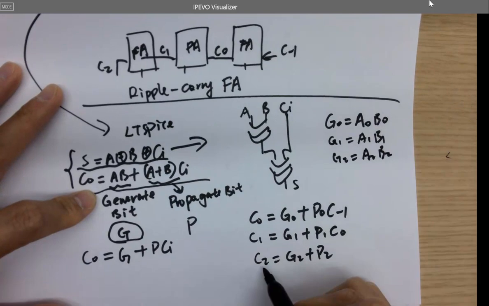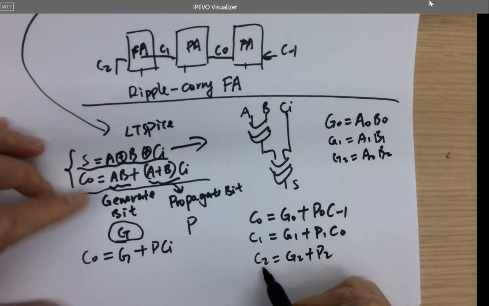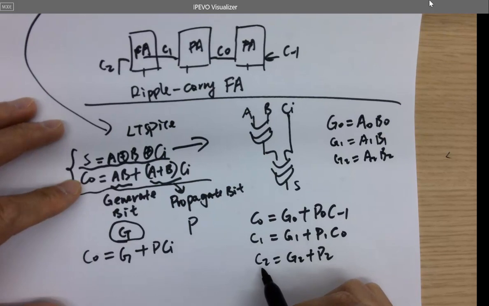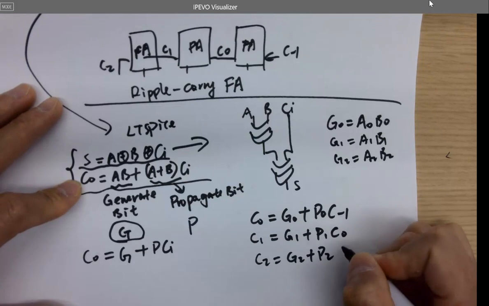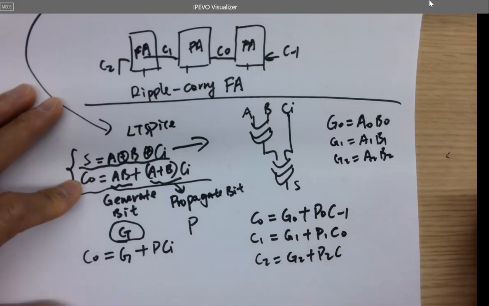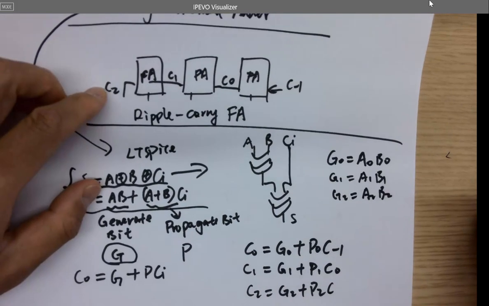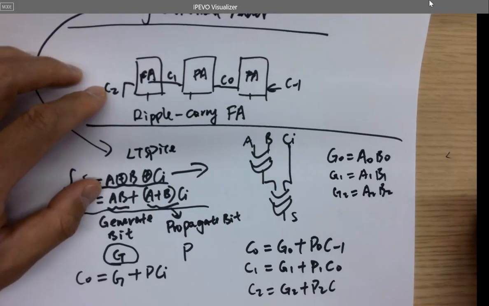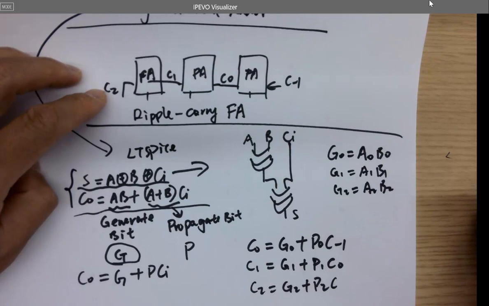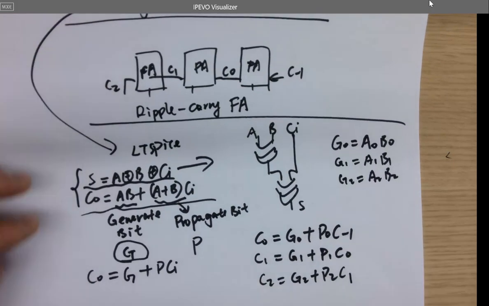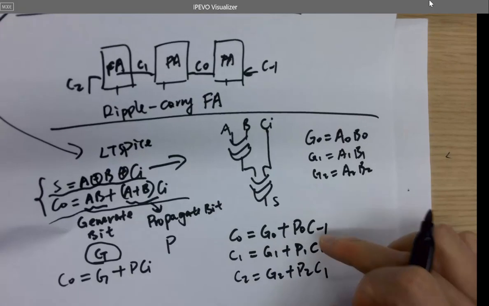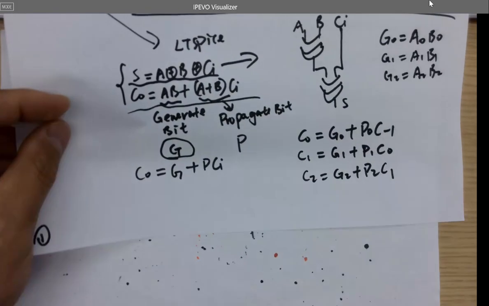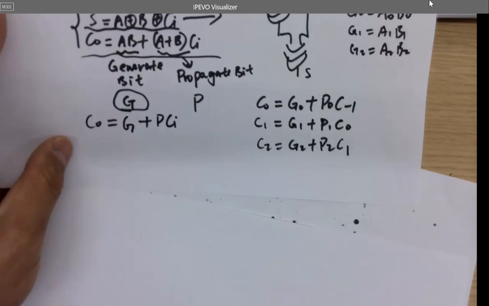So C2 becomes G2 or P2 and C1. I'm going to substitute these C's using the previous C, and we can find the final equation for C2.